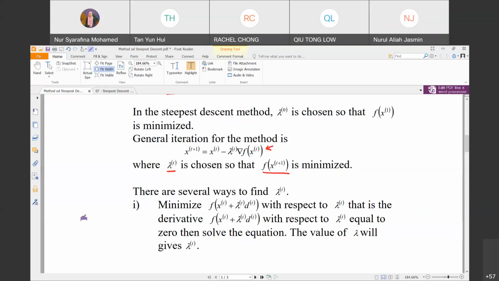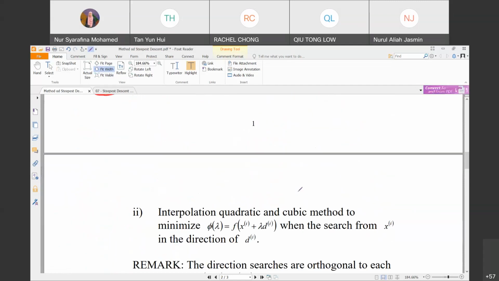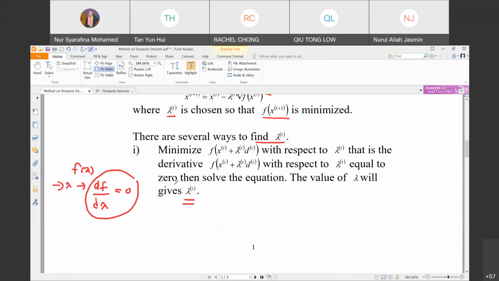So in order to find lambda, you differentiate f with respect to lambda, equate it to 0, and solve this equation. This is one way to find the value of lambda. Or we can use interpolation, quadratic and cubic methods, to minimize f(x plus lambda d) when searching from x(i) in the direction of d(i). Usually we use the first method, which is easier.